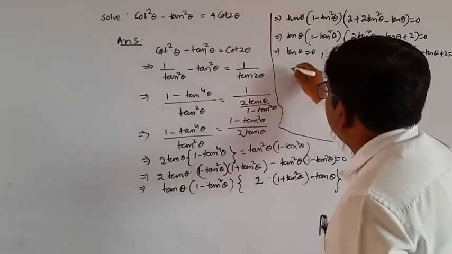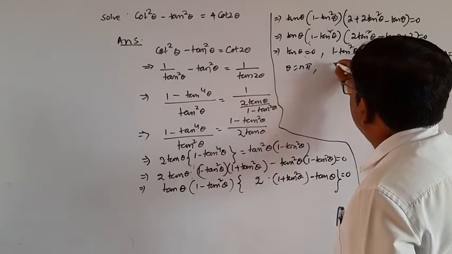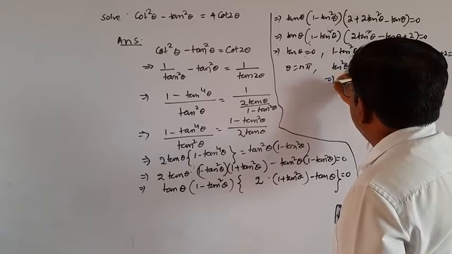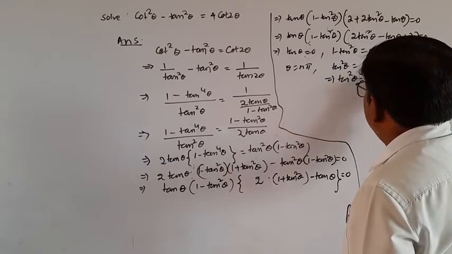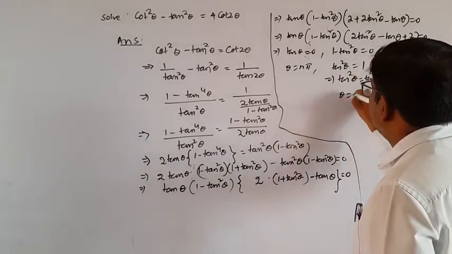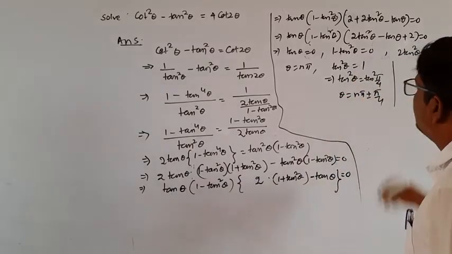So tan theta equal to 0 means theta is equal to n pi. Tan square theta is equal to 1; we can write tan square theta is equal to tan square pi by 4, since tan pi by 4 is 1, so theta is equal to n pi plus or minus pi by 4.